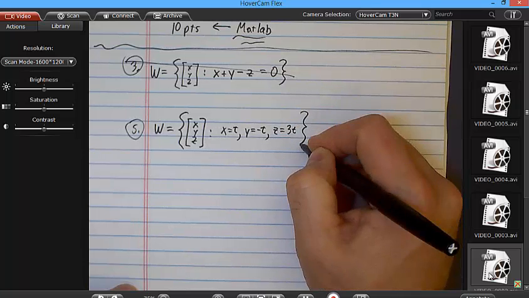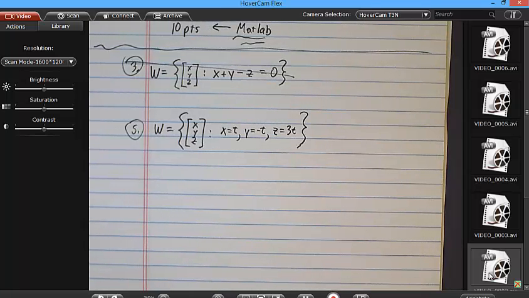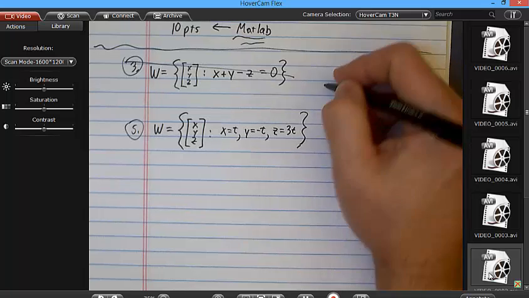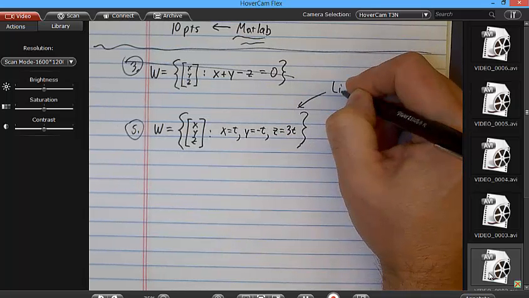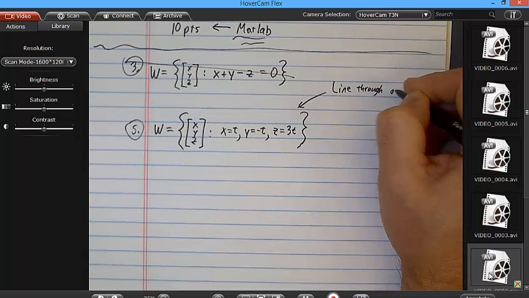So what set in R3 are they describing? You're not allowed to say it. You're already there. What is this, guys? Okay, he said line. Line through the origin, right?